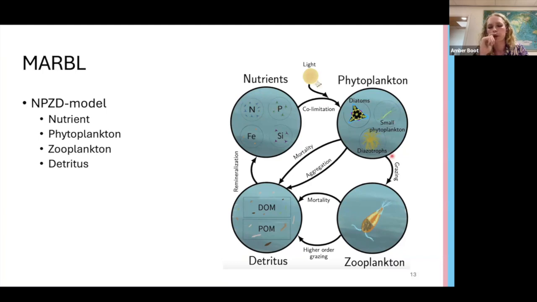Now, these phytoplankton groups are grazed upon by 1 zooplankton group that also has higher order grazing parameterized. This higher order grazing basically is the rest of our ecosystem, and that is a parameterization. So our ecosystem here in CESM2 consists of basically 3 phytoplankton groups and 1 zooplankton.